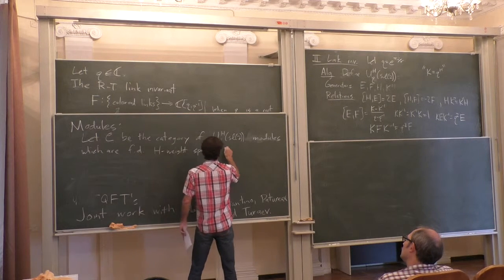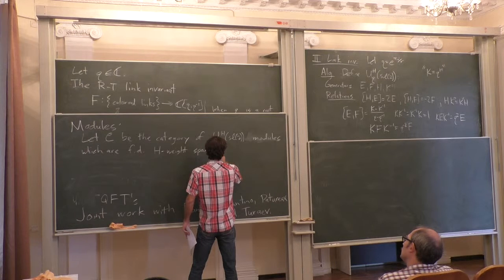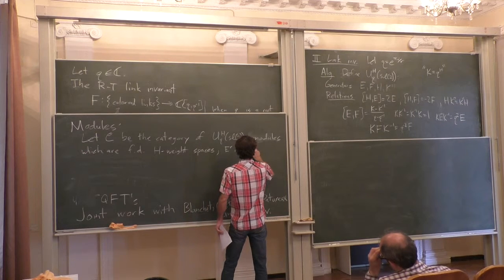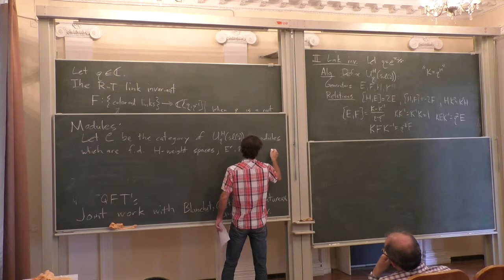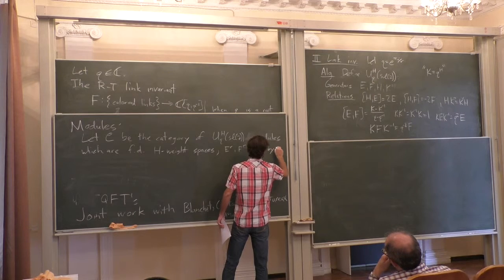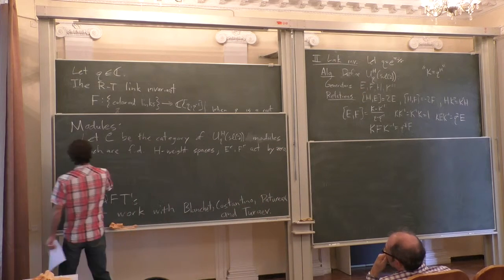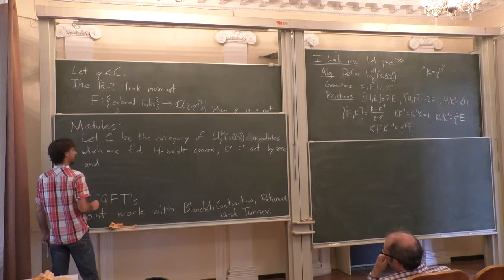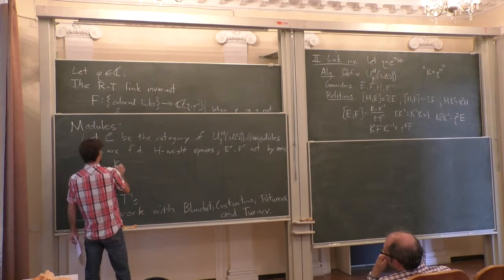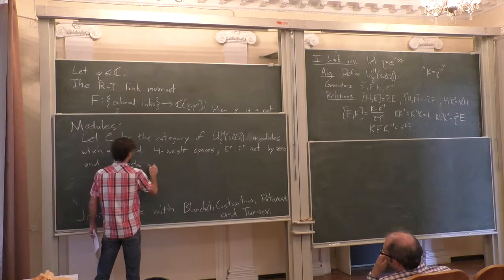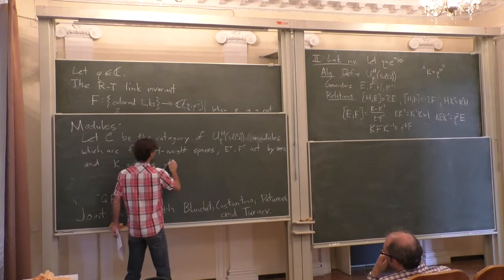And such that E to the r and F to the r are 0. And finally, the final condition is that K acts as Q to the H.